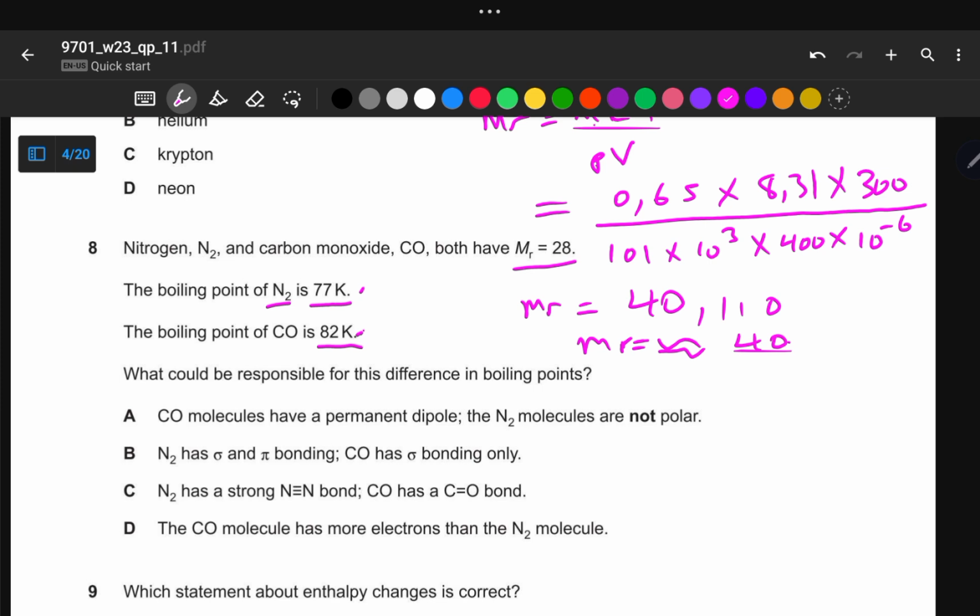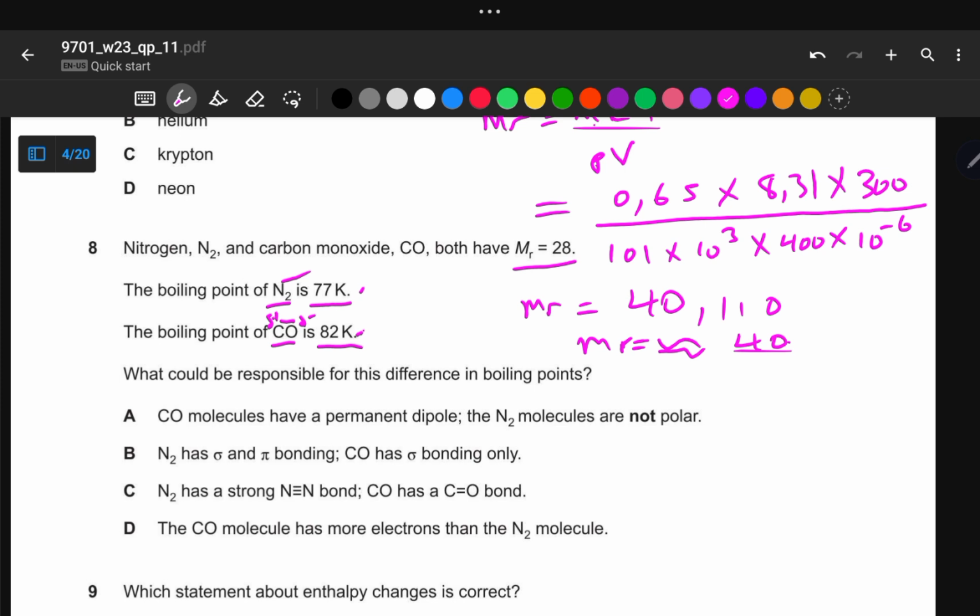Why? Because here we've got a permanent dipole moment within this molecule, oxygen being a more electronegative atom, which tends to draw the electrons towards itself and attain a partial negative charge, and then carbon attains a partial positive charge, and then there is electrostatic force of attraction between oppositely charged particles. And then here it is a non-polar molecule.